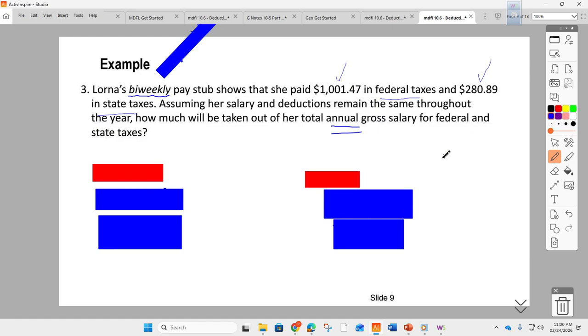So we need to find the amount that she pays for the entire year. Once again, it tells us she gets paid biweekly, so we should remember that there are 26 pay periods. Every 2 weeks she gets paid. So we're going to figure out how much she paid in federal tax. We take that amount and multiply it by 26.